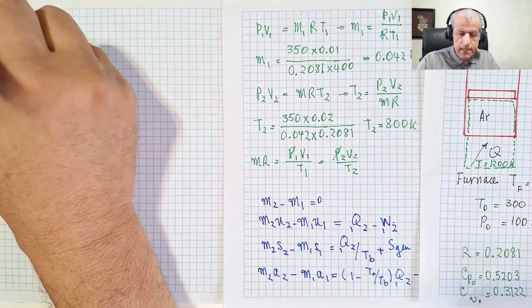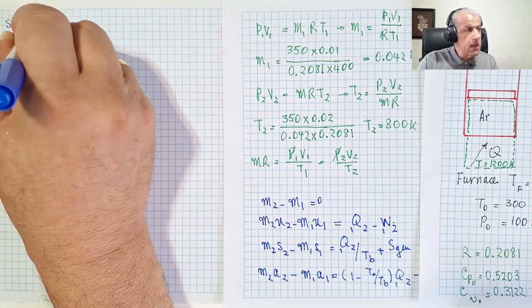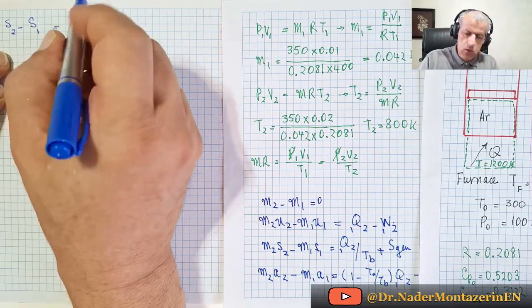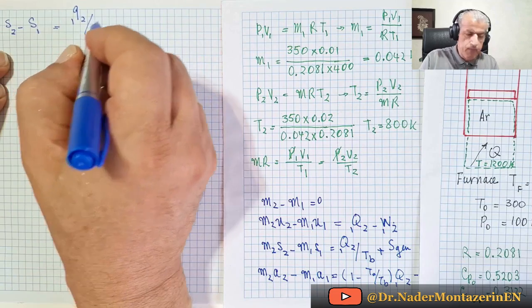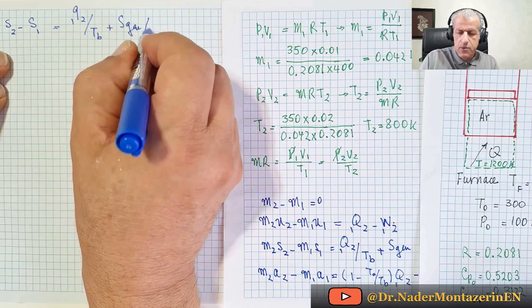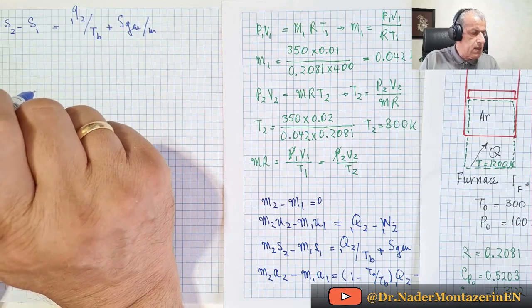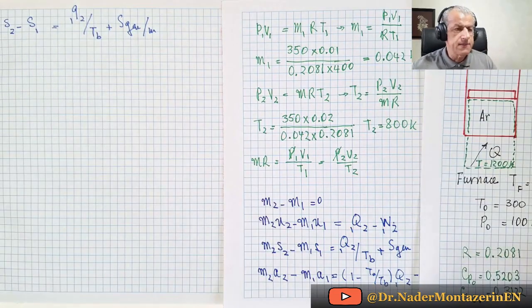So S2 minus S1 equals Q12 over TB plus S gen per unit mass. Now, let's see what each term contains.